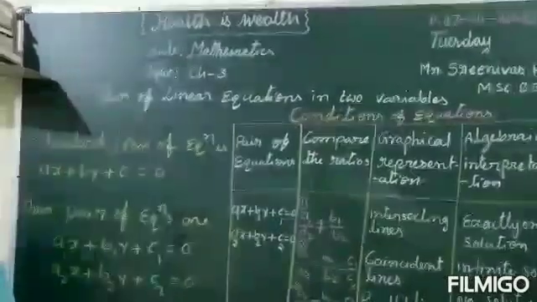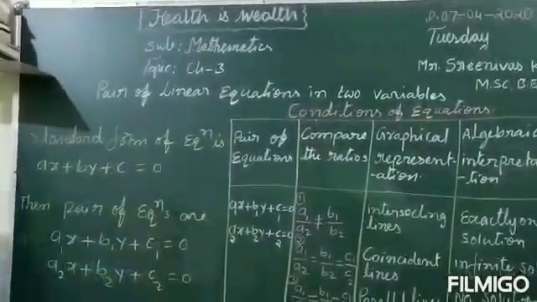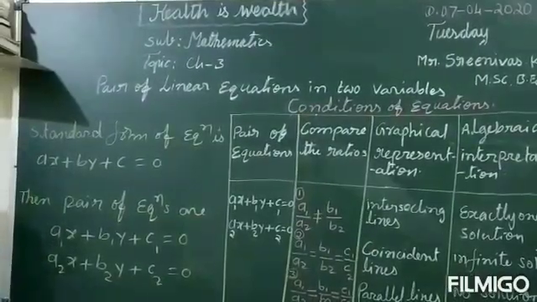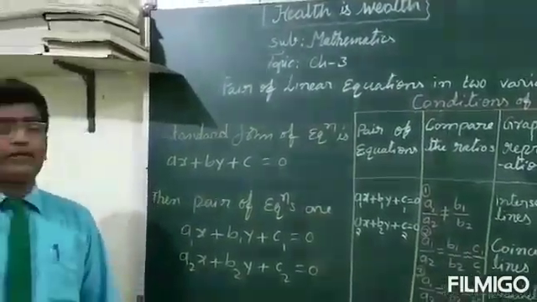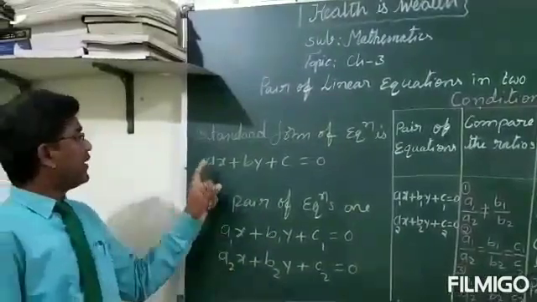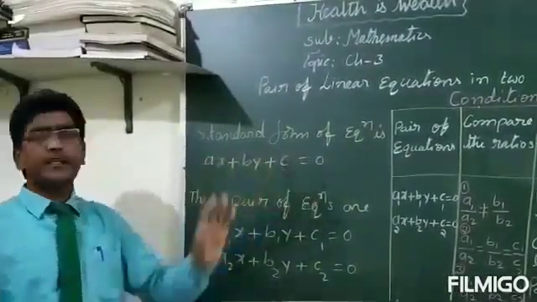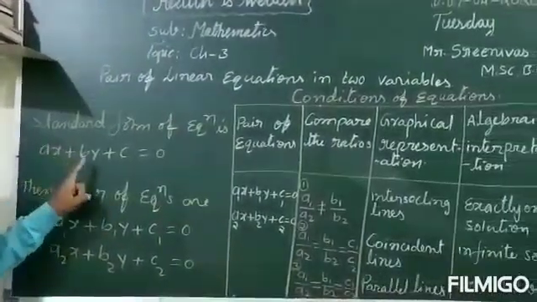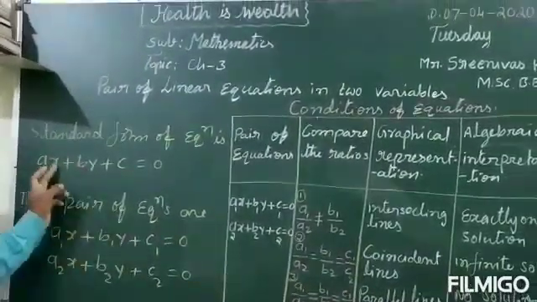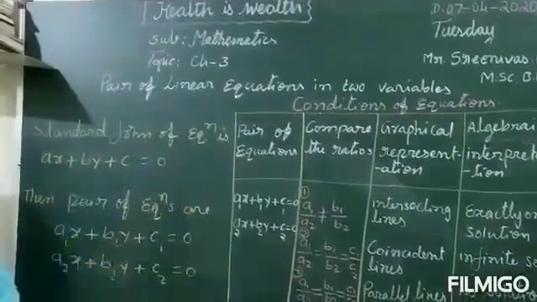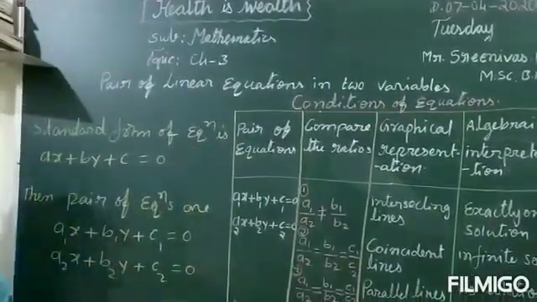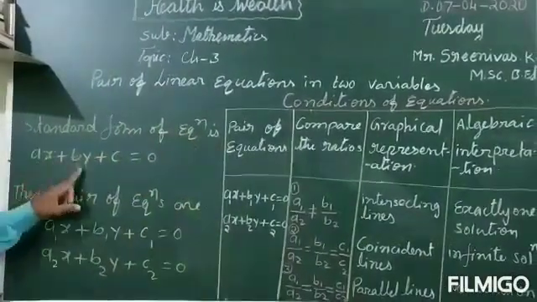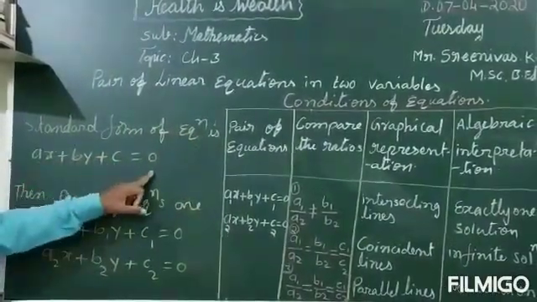I am going to define the linear equation in two variables: if a, b and c are real numbers, an equation of the form ax plus by plus c equal to 0, and here a and b are the coefficients of x and y, c is the constant. Therefore, the standard form of the equation is ax plus by plus c equal to 0.